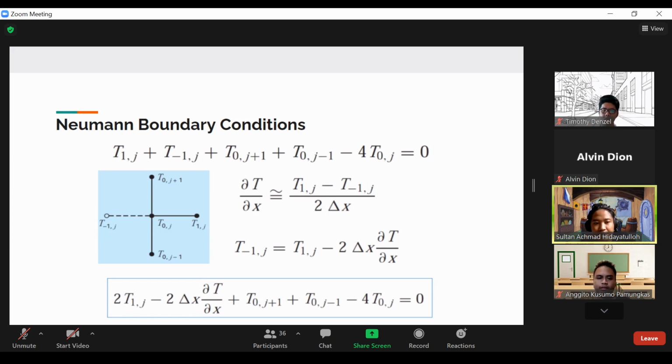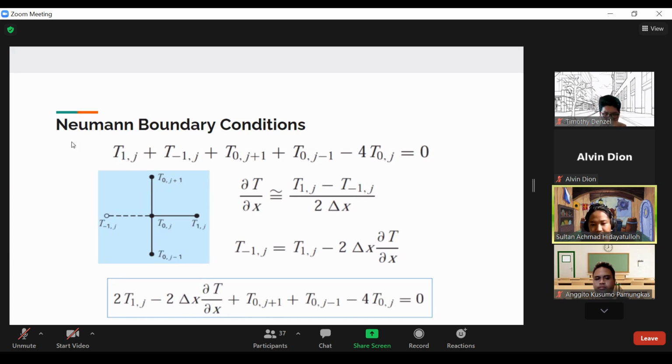Because in our case most of the external nodes are insulated, the value of del T del x is equal to 0. The final equation is 2T1g minus 2 delta x del T del x plus T0g plus 1 plus T0g minus 1 minus 4T0g equal to 0.